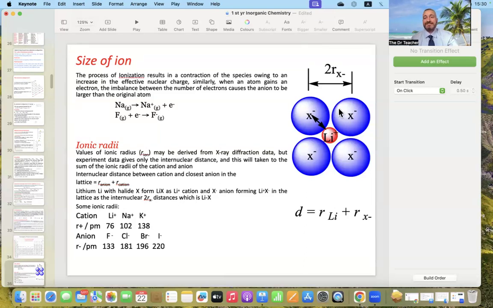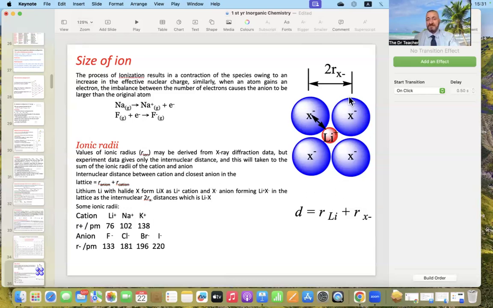So we can see here the halide gains 1 electron from the lithium. Lithium lost 1 electron and became a cation. The name cation comes from losing 1 or more electrons. An anion has gained 1 or more extra electrons in the outer shell.